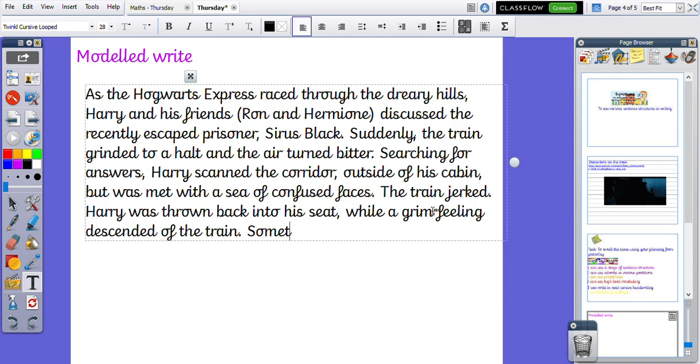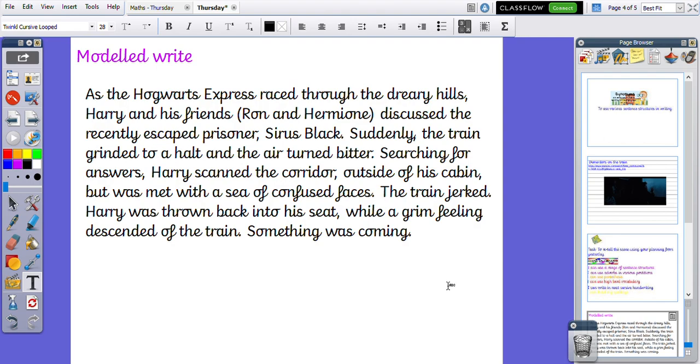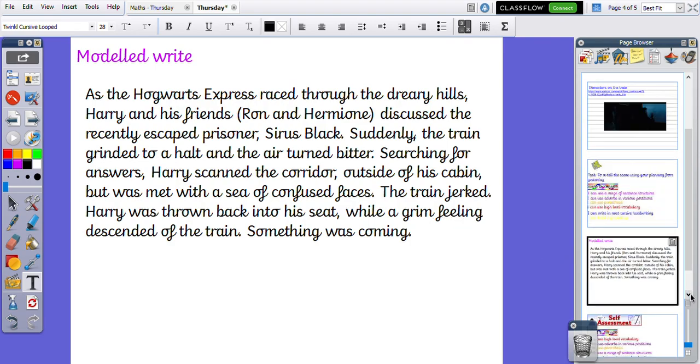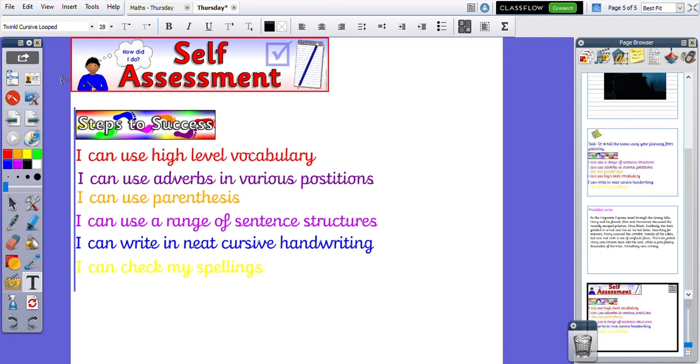Something was coming. Okay, so that is the first few, maybe the first minute of the scene. Okay, so the scene you were watching. I'm not going to go any further than that because I want to make sure you're using your own ideas this week. Okay, so now we are going to self-assess my writing using this here.